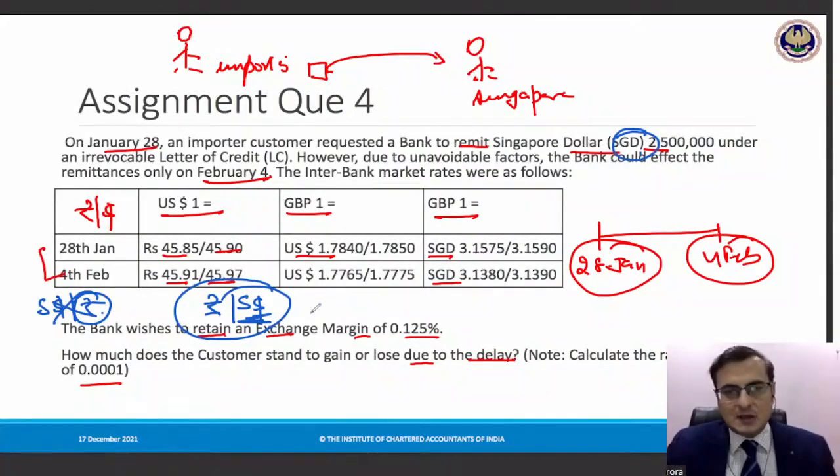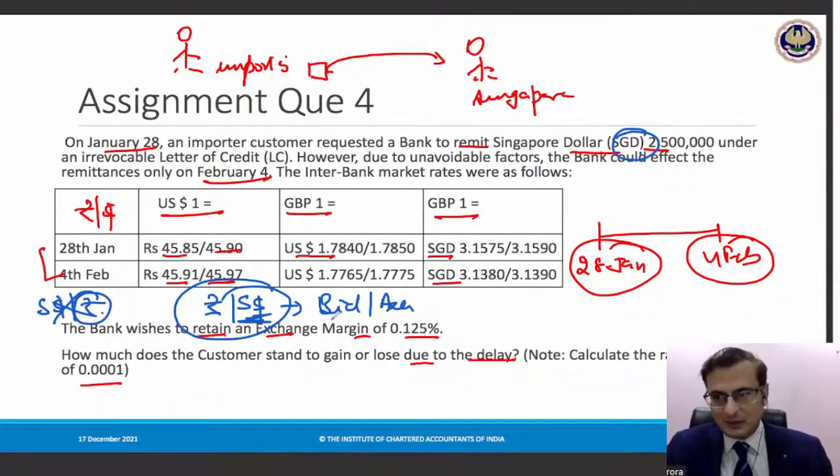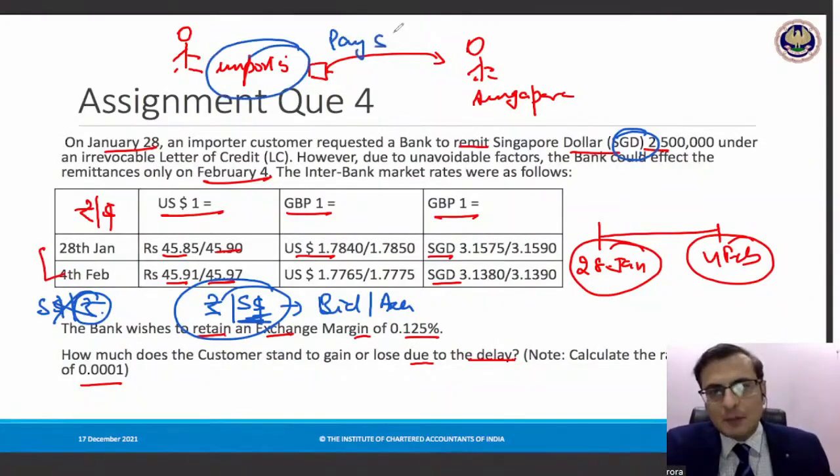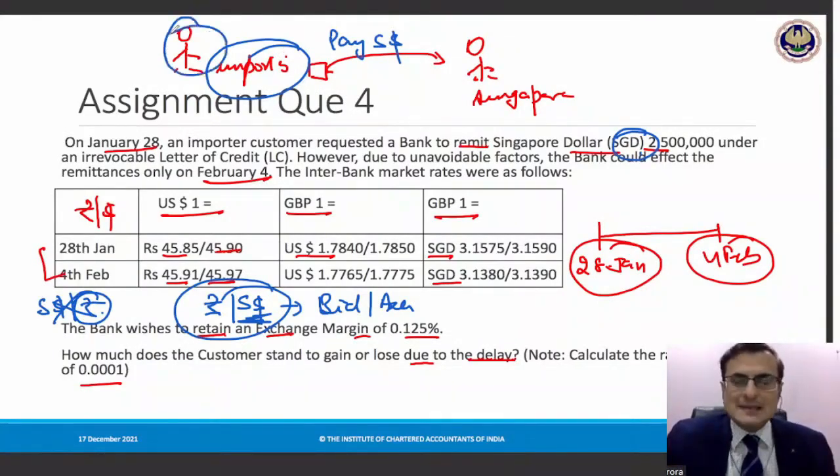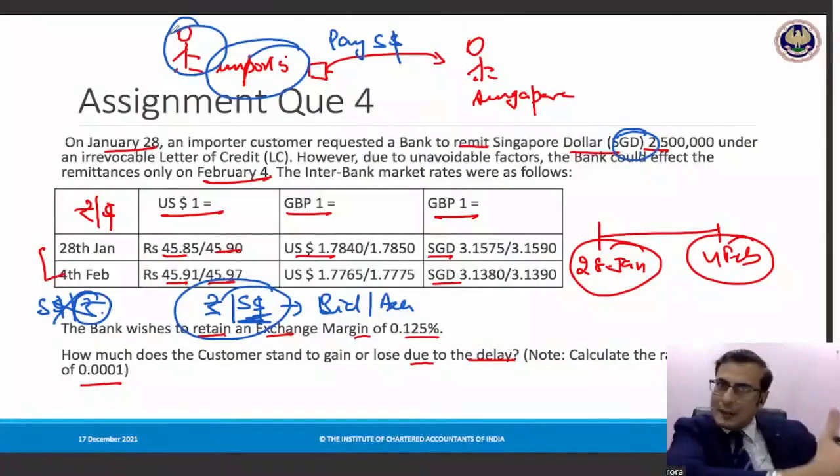Now the second thing is, what do I need? A bid or an ask? That is the most important. The importer wants to buy the dollars. He has to pay Singapore dollars, so who am I? I'm a customer. If I have to pay Singapore dollars, I will go to the bank.